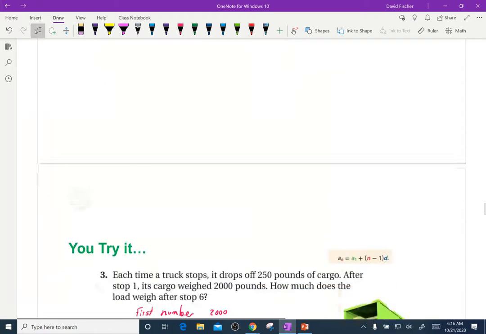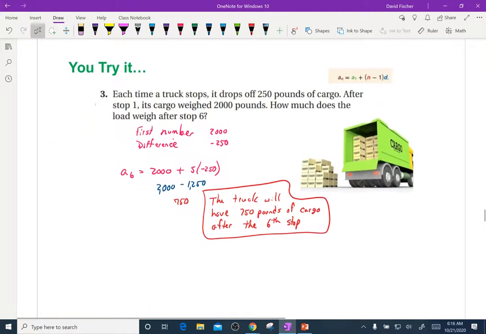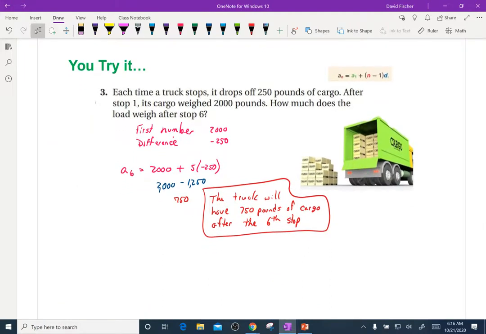Okay, welcome back. So here's what I got. I like to keep track of things. So my first number was 2,000. My difference was dropping off a negative 250 pounds. So I hope you had a negative 250 there. Here I had the number I wanted, 6 minus 1, so I put a 5 there. And I did all my math work, and I got 750 pounds.